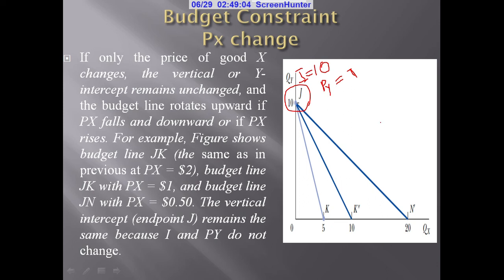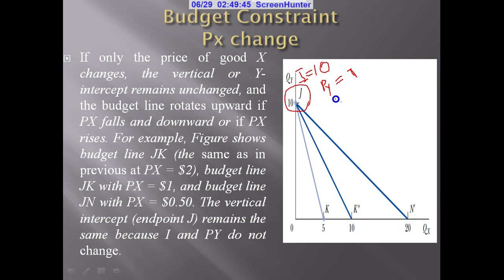Because of the change in the price of X, the purchasing power of the individual changes. If the price of X increases, the individual is able to purchase a lesser amount of commodity X. If the price of X decreases, purchasing power increases and the individual would be able to purchase more of commodity X. But here the vertical intercept remains unchanged because the price of Y is unchanged. Let's suppose this is the initial budget line when the price of X was $2.